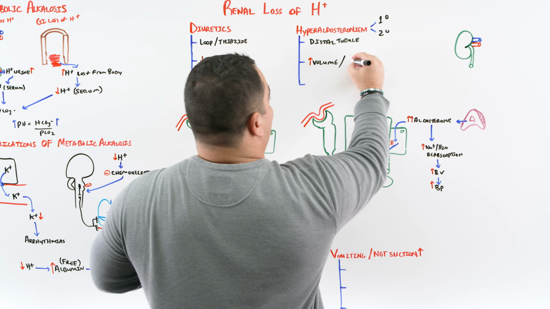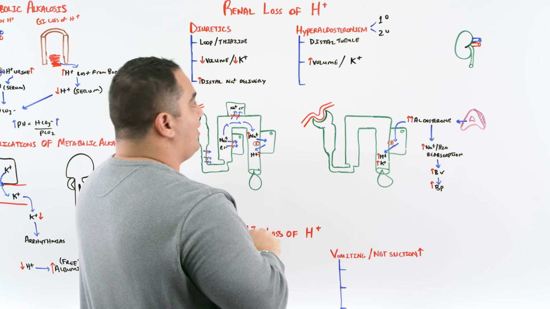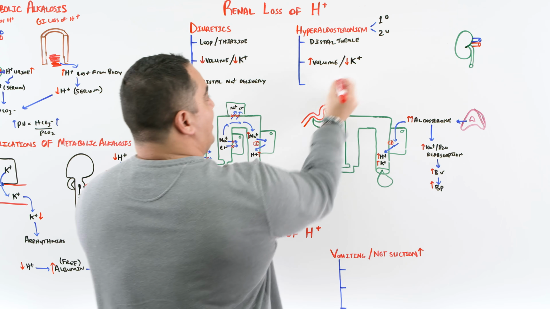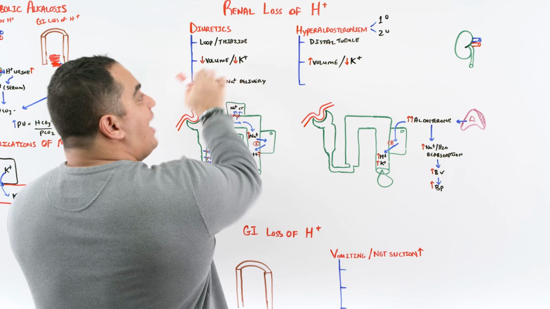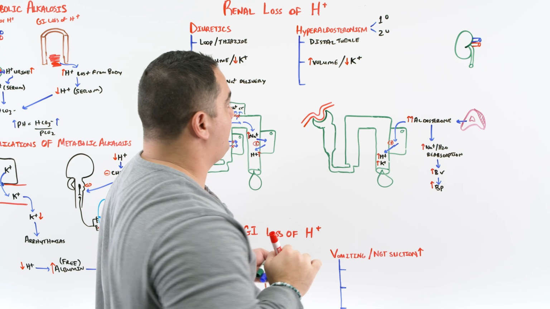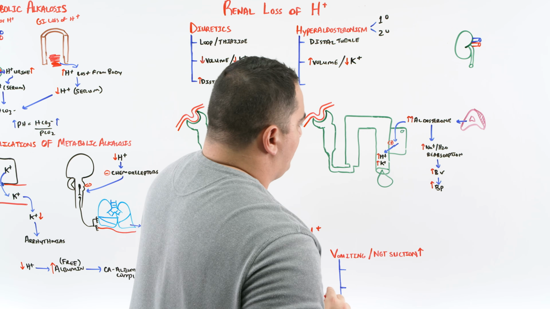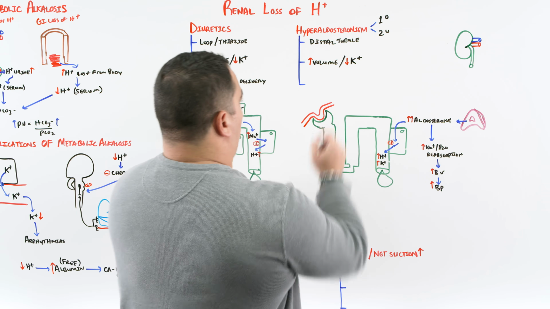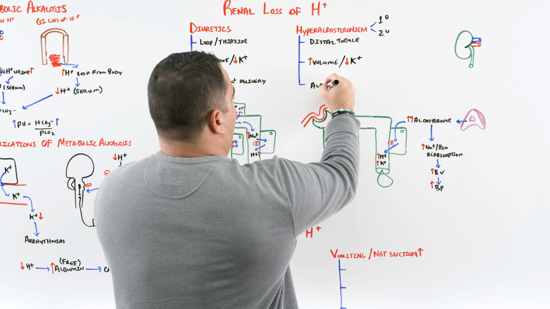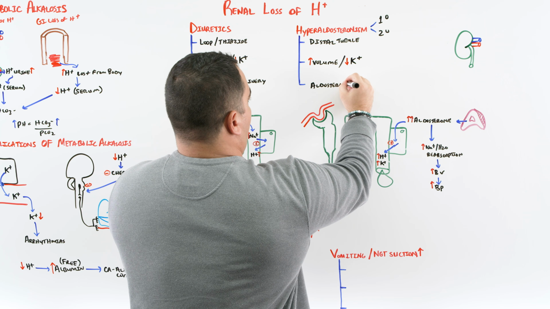So potassium will also be low. But you're going to notice a slight difference here between a volume overloaded or hypervolemic state and a hypovolemic state with excessive diuresis. Okay, so we got a concept of that. And again, it's important to remember that this is all based on aldosterone regulation.